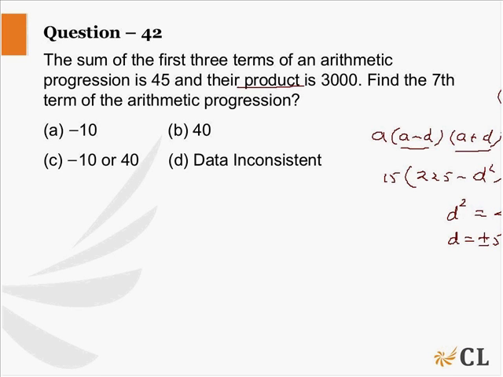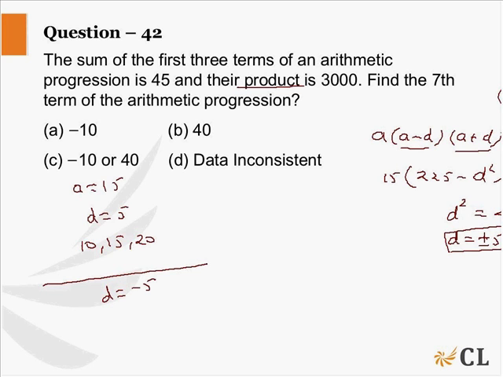Now, when you get D as plus minus 5, there are two possibilities. If I take A as 15 and D as 5, I get the numbers as 10, 15 and 20. Case 2, if I take D as minus 5, I'll get the numbers as 20, 15 and 10.